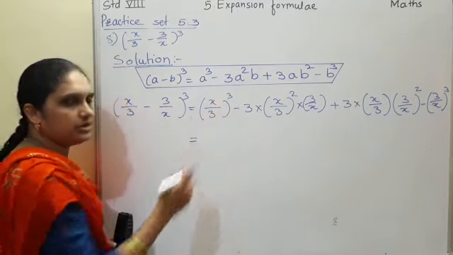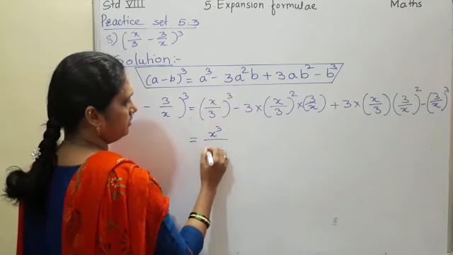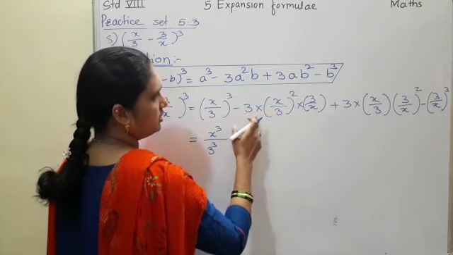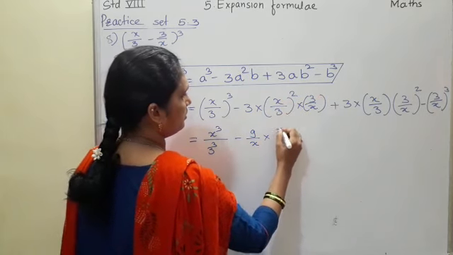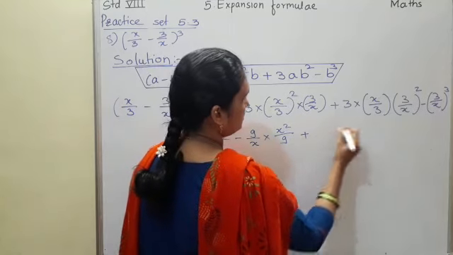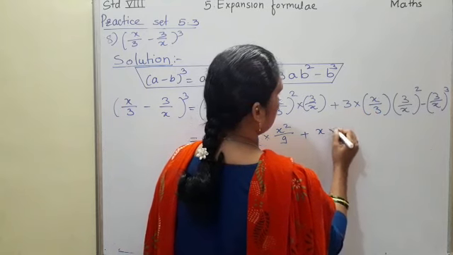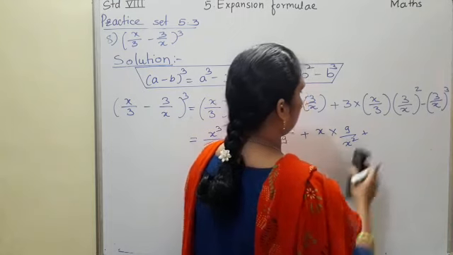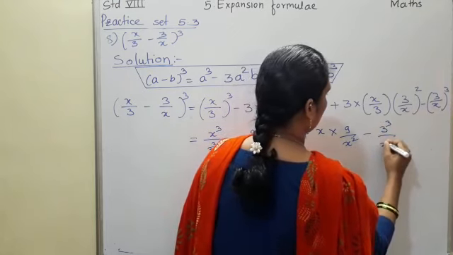Now I'll do the cube: x cube upon 3 cube, minus, now I'll multiply the single numbers, 3 3s are 9, upon x into x square upon 9, plus, now if I multiply, 3 will get cancelled, x is remaining, x into 9 upon x square. Next is minus 3 cube upon x cube.